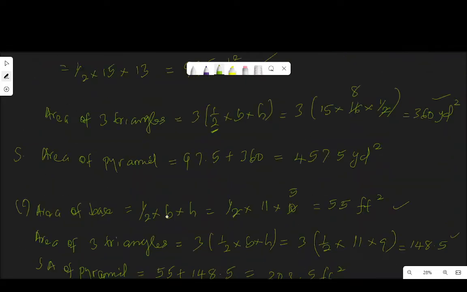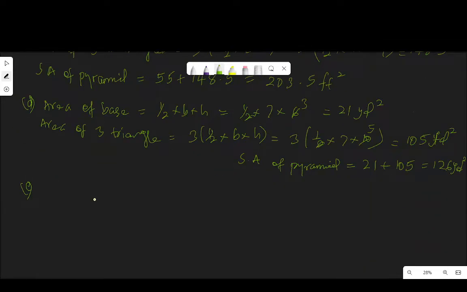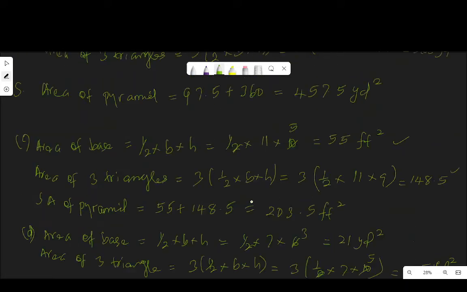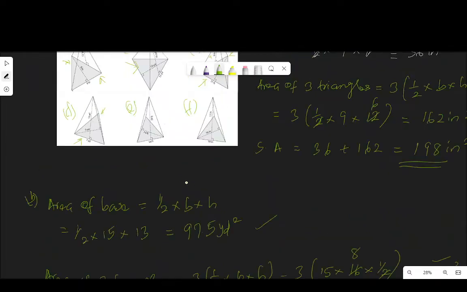The area of the triangular base, which is half times base times height, will be half, where the base is 16 and the height is 14.